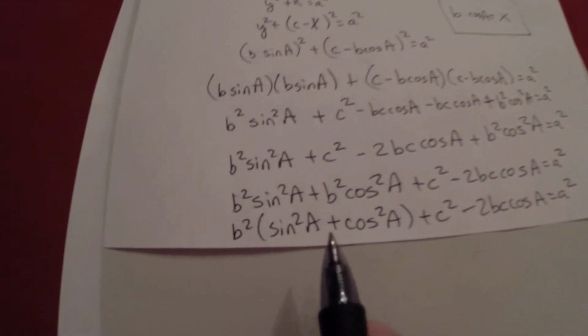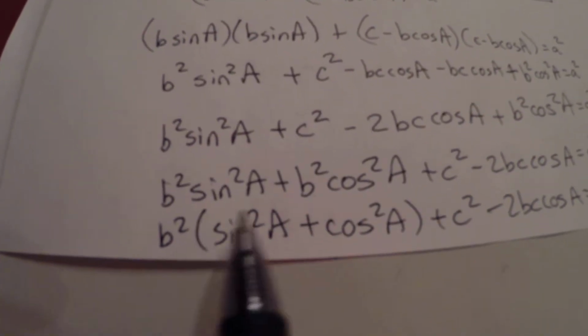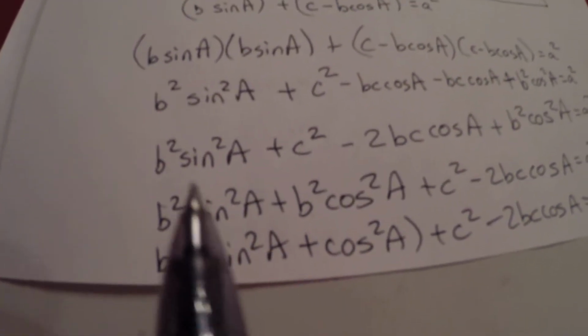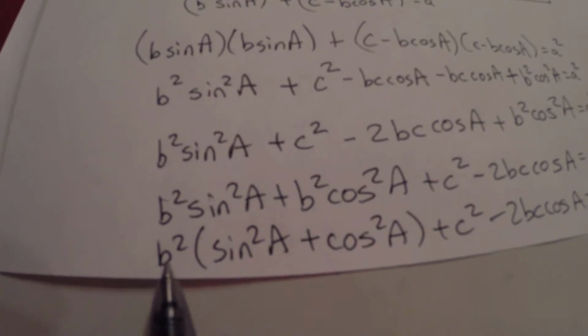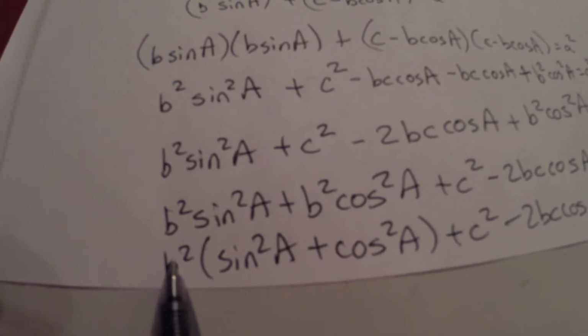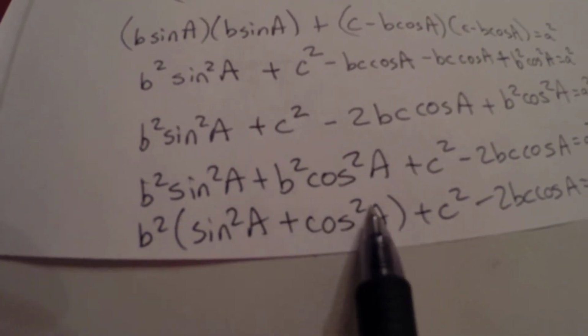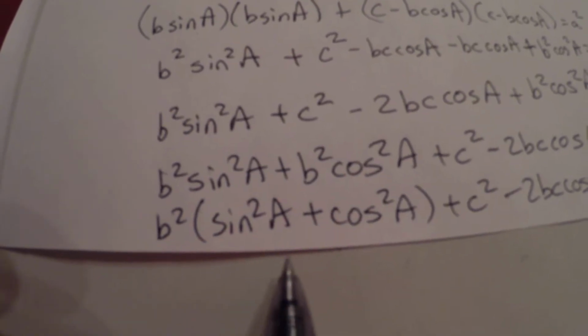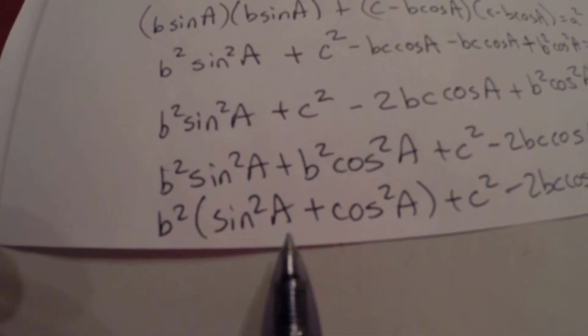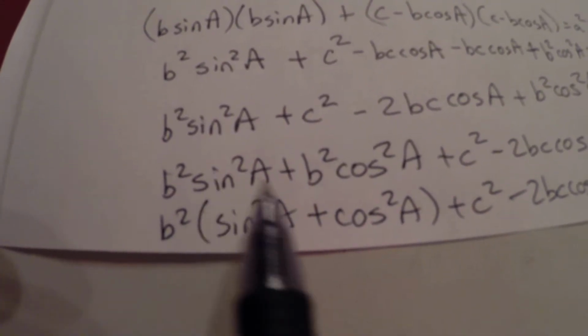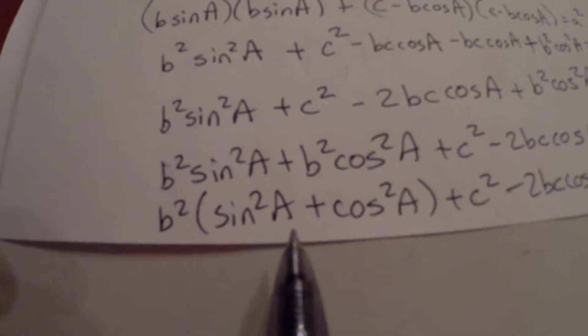What did I do here? What is factoring? Factoring is a math way of saying reverse distribution. Notice that if I distributed, b squared times sine squared gives b squared sine squared, and b squared times cosine squared is b squared cosine squared. The reason we do this is we actually know what sine squared plus cosine squared is. From the previous unit, we learned that sine squared plus cosine squared is 1.